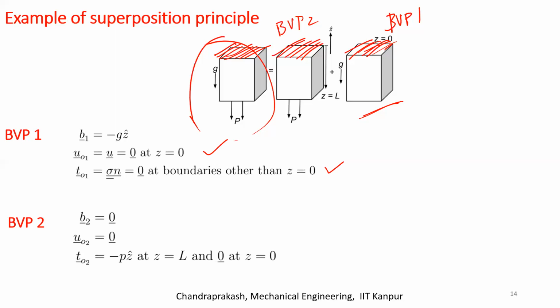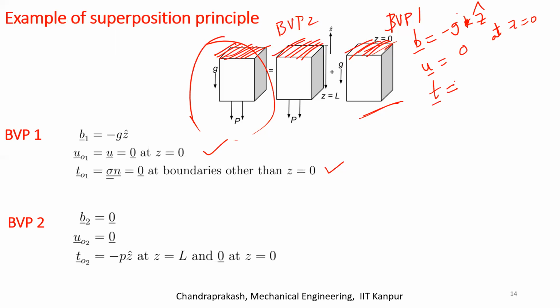So what are those alpha and beta? Can we write my given problem in terms of this? In my given problem, what is the body force? Body force is minus g z hat. What is the displacement on the top? It is 0 at z equals 0. What is the traction?